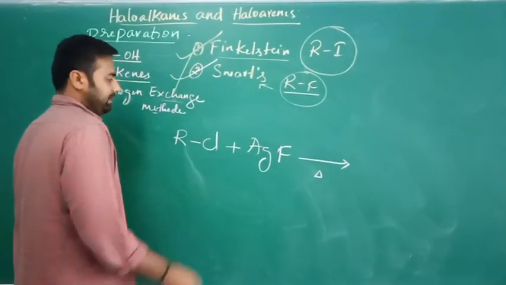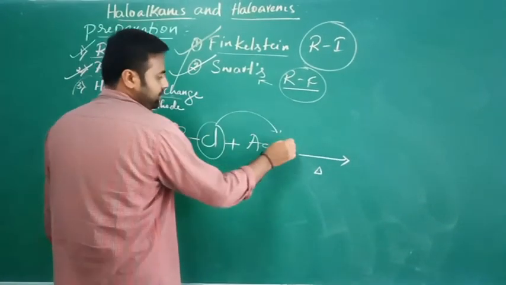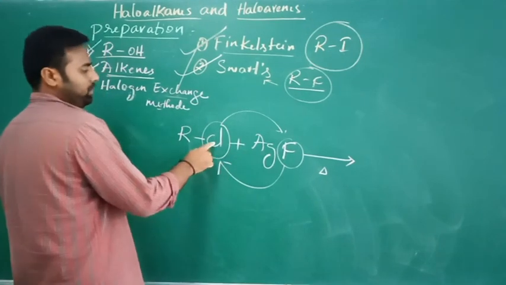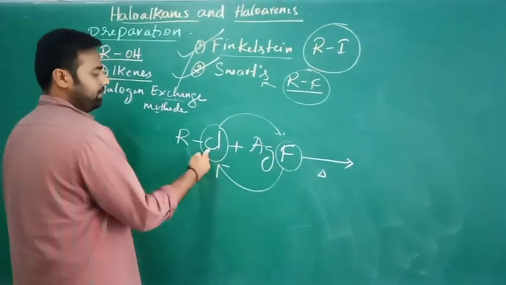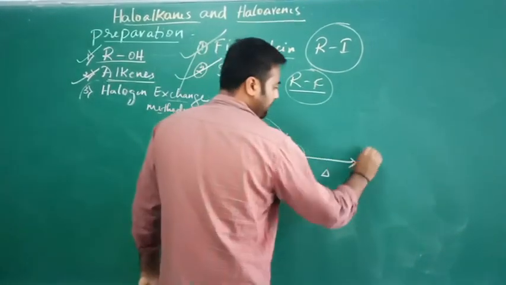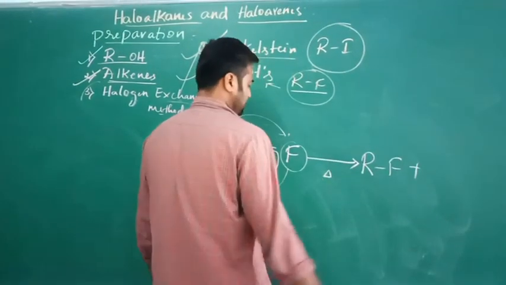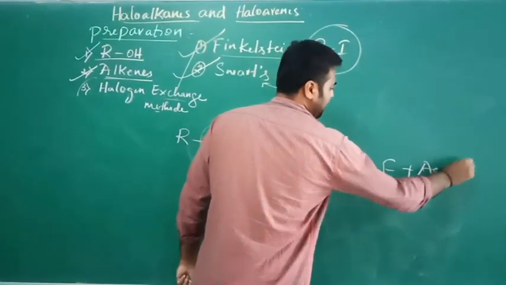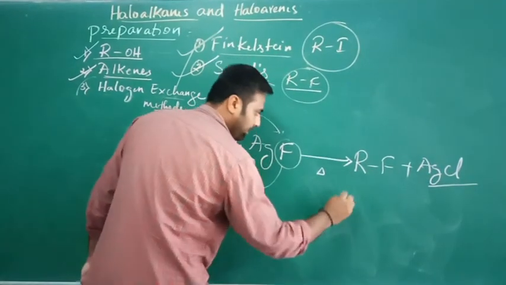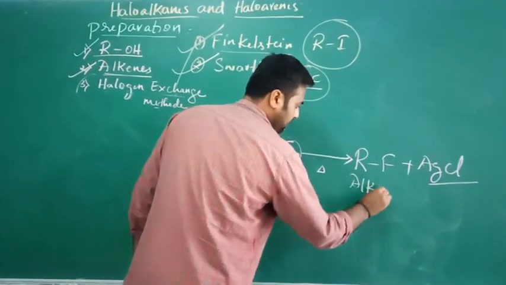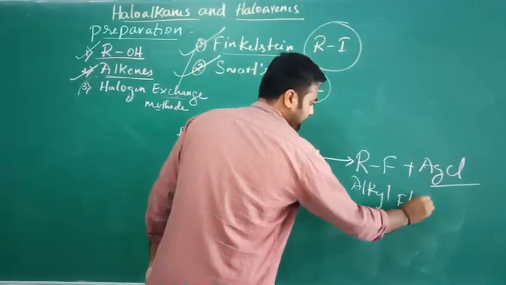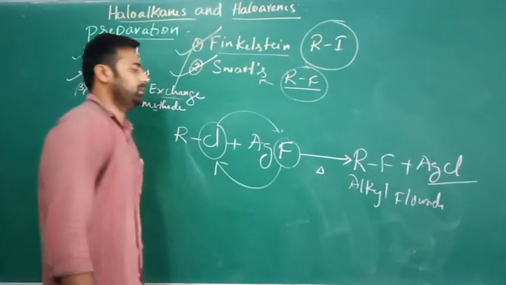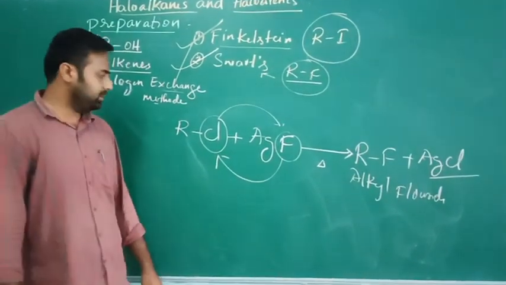Heated with AgF, definitely the halogens will exchange. This chlorine will combine with Ag, and the fluorine will combine with the alkyl. Then it will give AgCl as a byproduct. This is the main product, the alkyl fluoride. Simple reaction. The halogens will exchange.